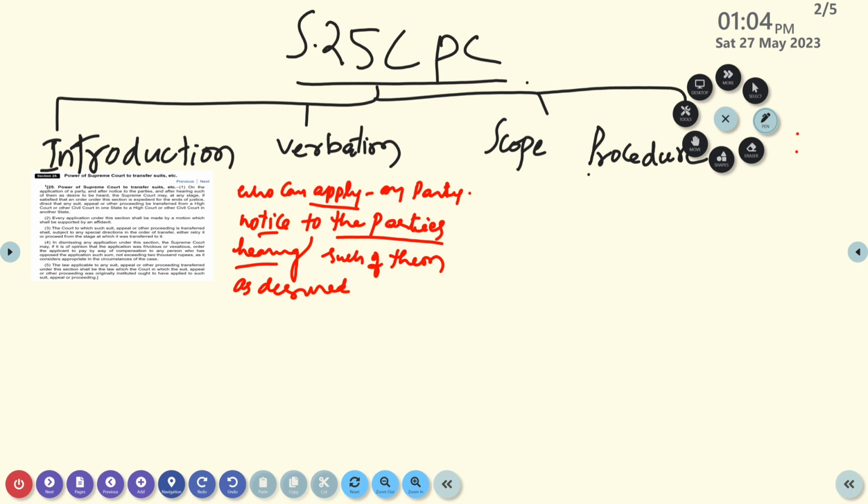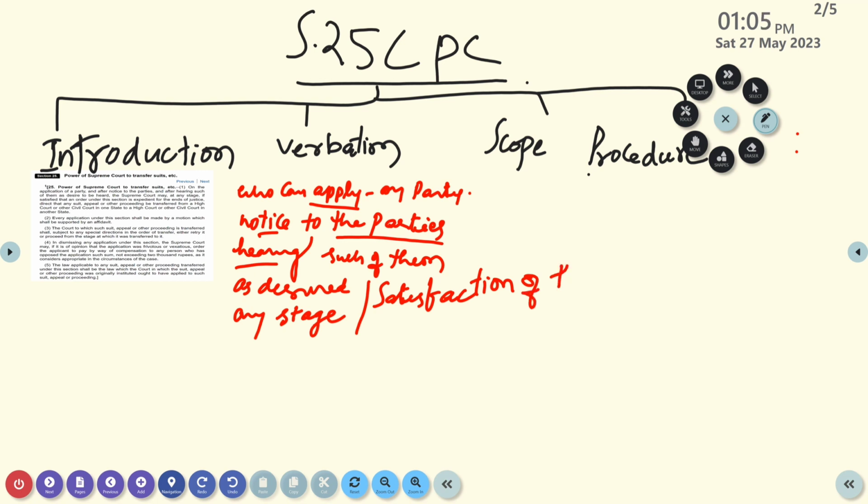Next, at which stage can it be transferred? Any stage. Okay. What is the ground to be transferred? Satisfaction of the Supreme Court.